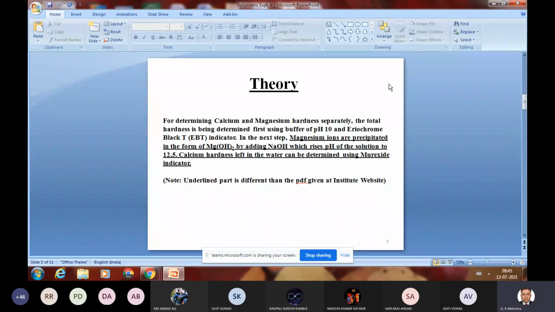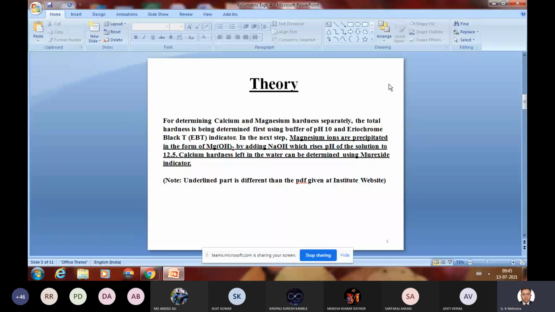That basic buffer of pH 10 gives us the sharpest color change at the end point, which is only possible if the pH remains constant at exactly 10. So the buffer solution and its role are extremely important in this titration.